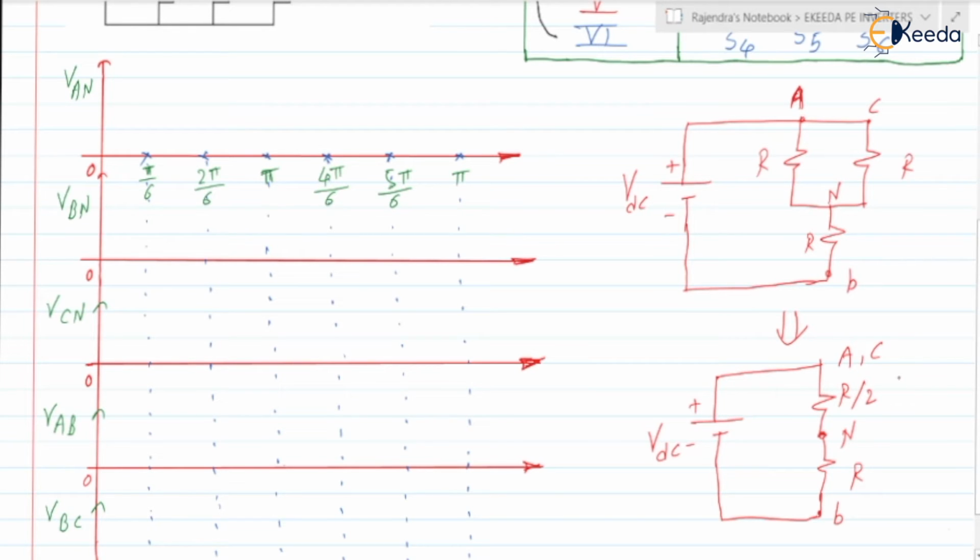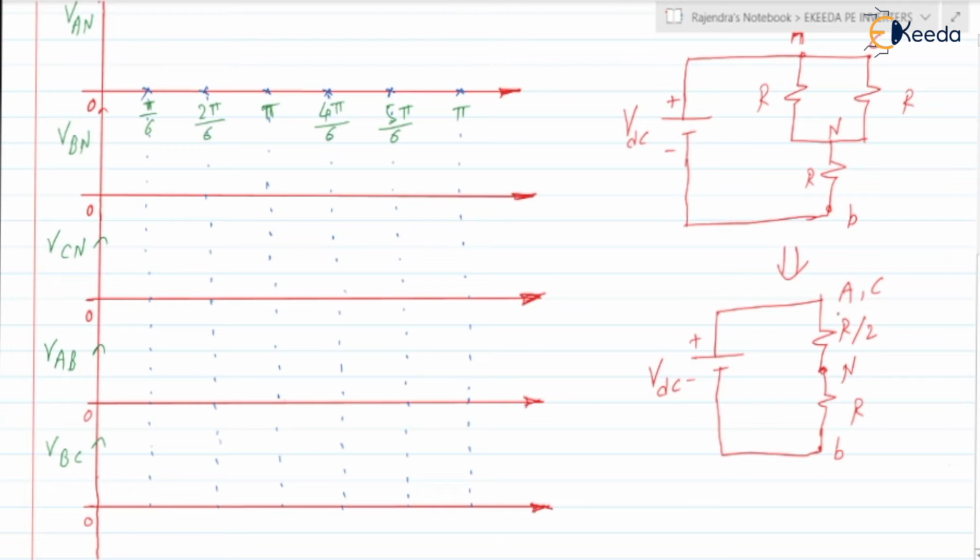Now for this circuit, by using the voltage division rule, we can write VAN is equal to VCN, because the current will flow like this. So definitely VA is greater than VN, and VC is greater than VN. VAN is equal to VCN, which by voltage division is R by 2 into VDC divided by R plus R by 2, and R plus R by 2 is 3R by 2.